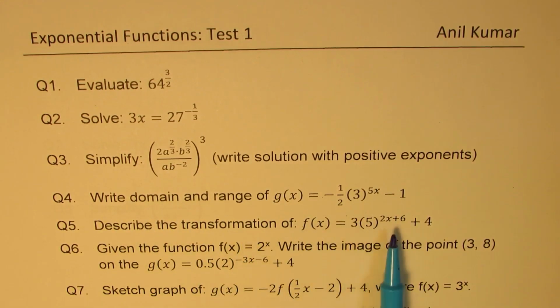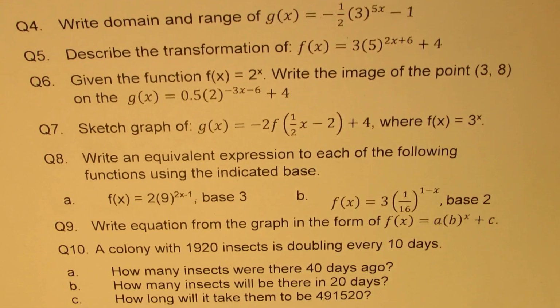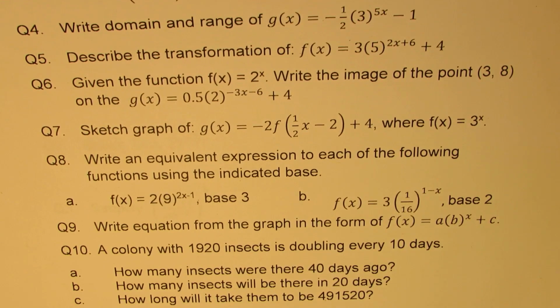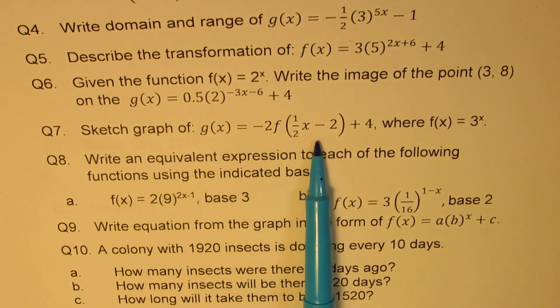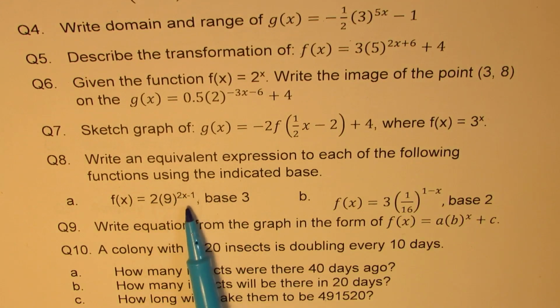We'll describe the transformation, and given the function, we need to figure out the image point on the transformed function, correct? And then we'll take up questions related to sketching the graph of a transformed function, and writing equivalent expressions by changing the base.